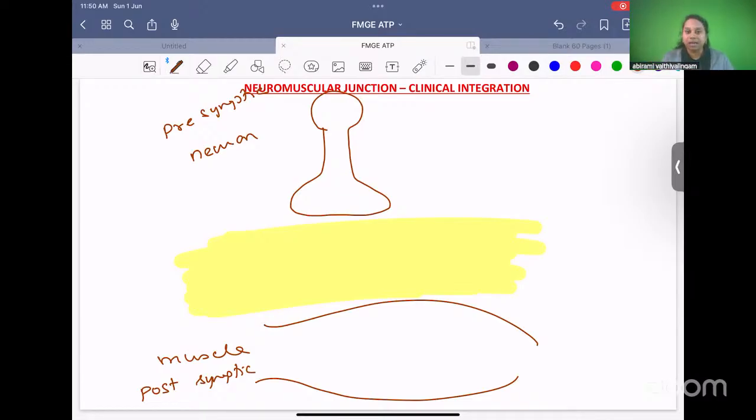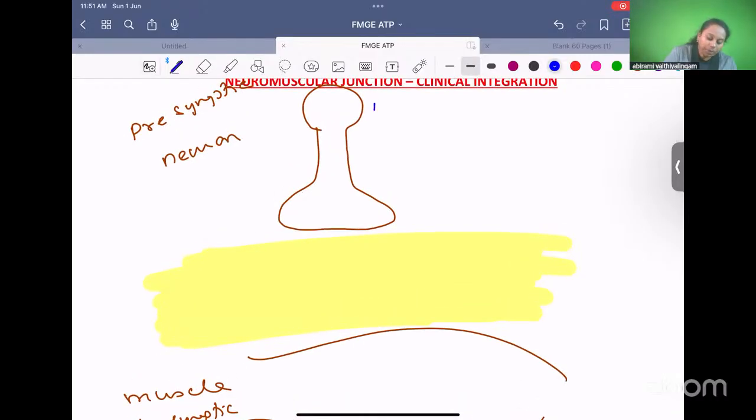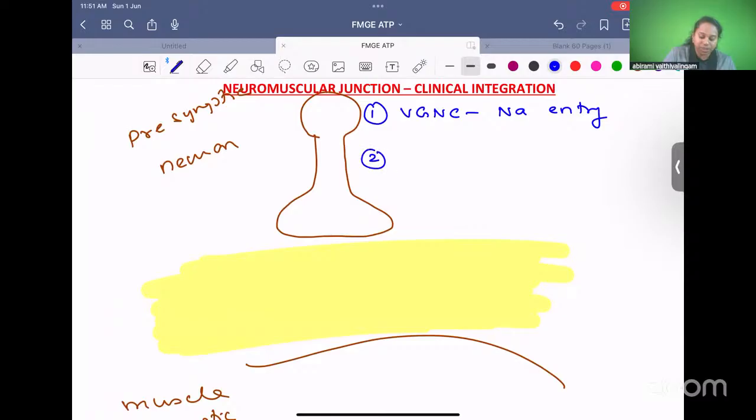What are the events happening in the neuromuscular junction? Whenever a neuron is stimulated, the first thing that happens is opening of voltage gated sodium channels and sodium entry. Wherever sodium enters, there is depolarization and an action potential.